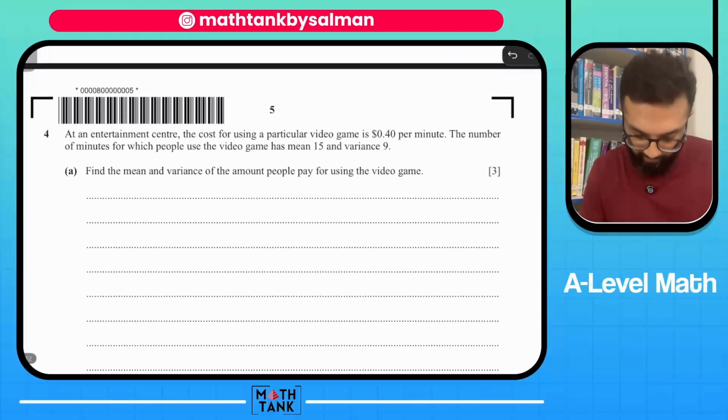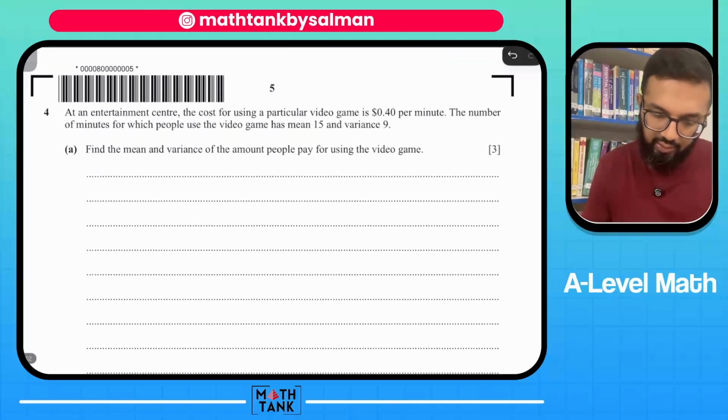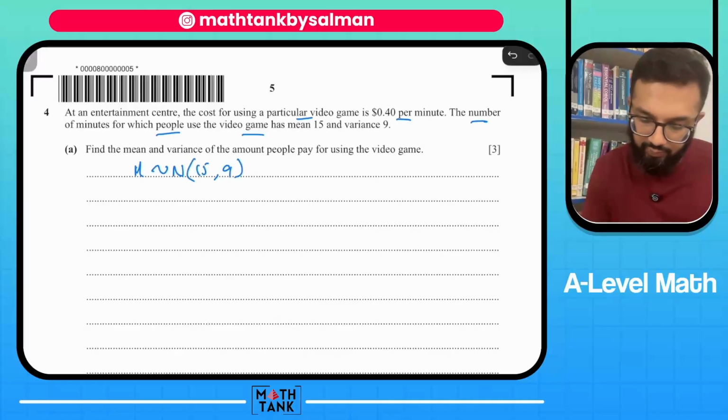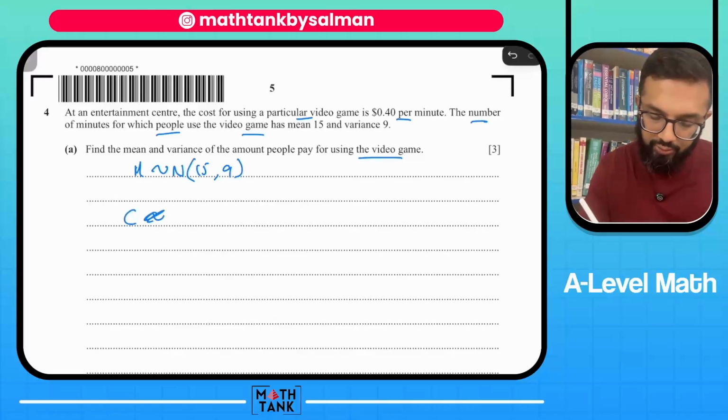Okay, moving on to question number 4 quickly. It says at an entertainment center, the cost of using a particular video game is $0.40 per minute. The number of minutes which people use the video game has mean 15 and variance 9. Find the mean and variance of the amount people pay for using the video game. So cost will have a mean of 0.4 into 15.